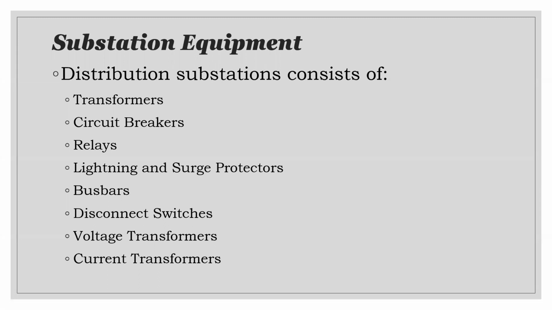I mean, you will definitely find current transformers, but the types of relays that you will find in substations may not be the same. Some relays you may not need all of them. So these things vary. The type of lightning protection that you'll have in one substation may not necessarily be the lightning protection you'll find in the other. But these are some standard equipment that you'll find in your substation.